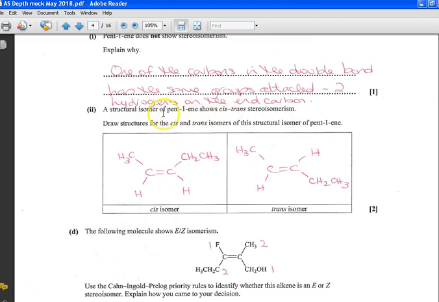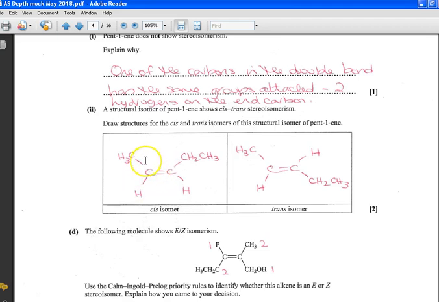Okay, so here we're asked to show the cis-trans isomers of pentene. So whenever I'm drawing these, I would draw my double bond first and do like the bow tie arrangement, and then put the other bits on. So as we can see, these two carbons have got different groups on them.